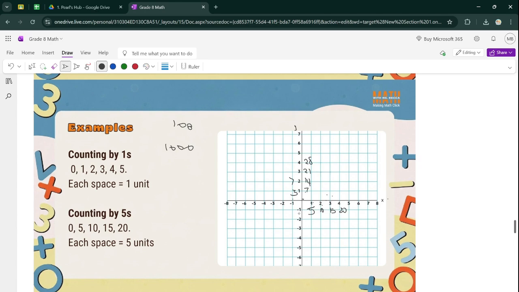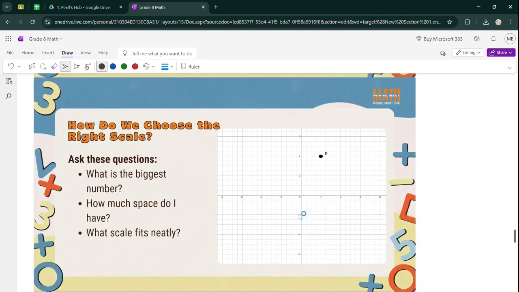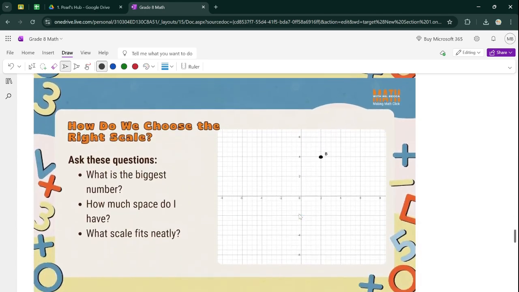Now, let's talk about how to choose the right scale. Before you choose a scale, you have to ask yourself, what is the biggest value I need to show? From your table or your ordered pairs, whatever data you are using, ask yourself, what is the largest value that I need to show?